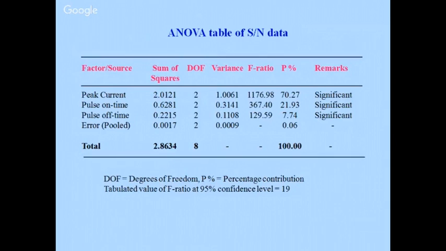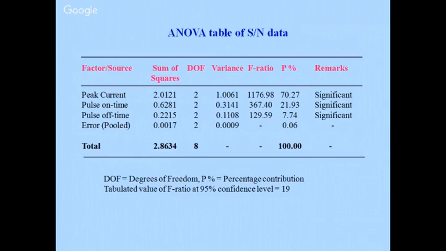Pulse off time, 7.8. What relevance does this information carry to a researcher? Even if I don't change pulse off time, my experiment is not going to be affected much. But if I change my peak current, suddenly my experiment will change drastically. And of course pulse on time, 22%, is also a significant contribution.